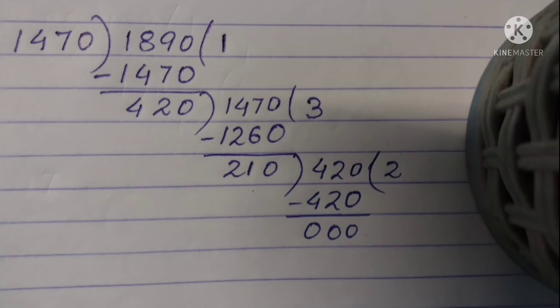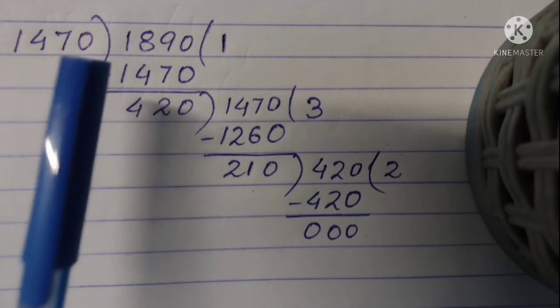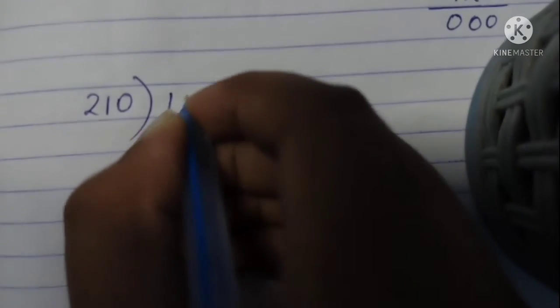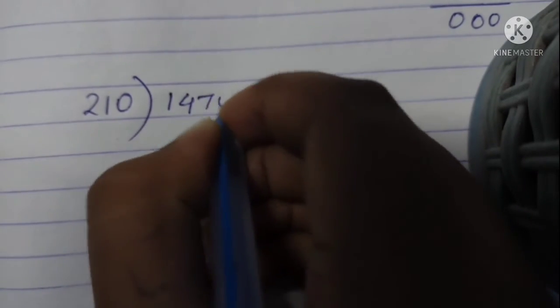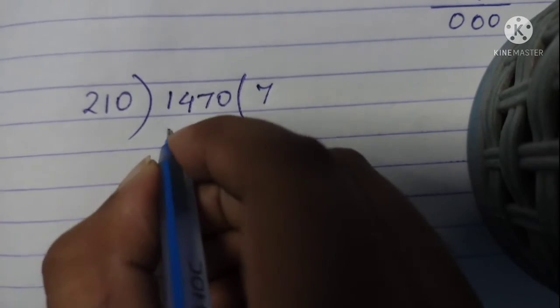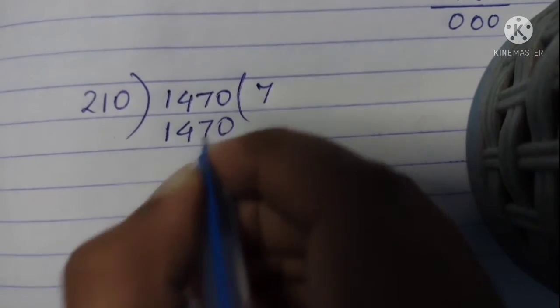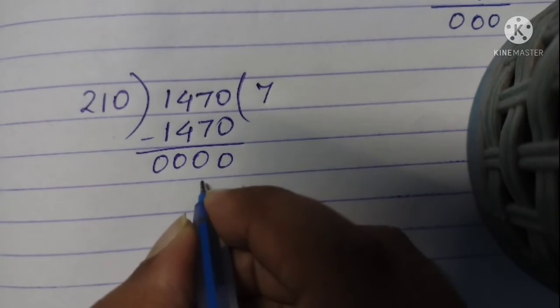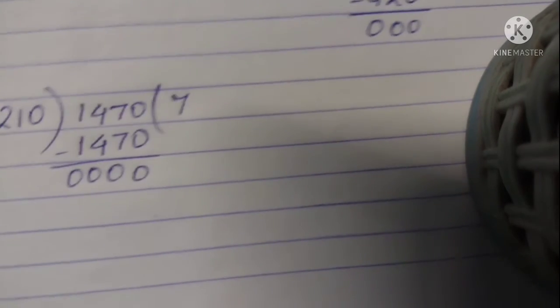Now you can check that 210 divides 1470 and 1890 or not. Let's see. 210 and here 1470. So 210 into 7 is 1470. It is divisible and the remainder is 0 according to the question.